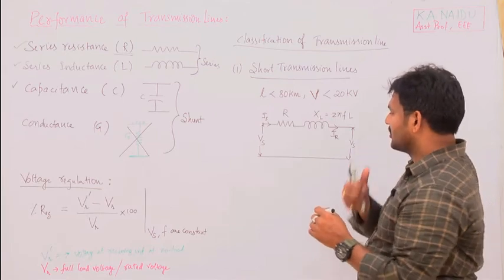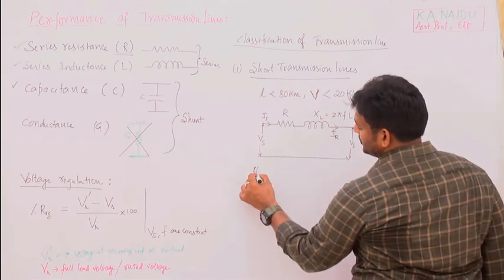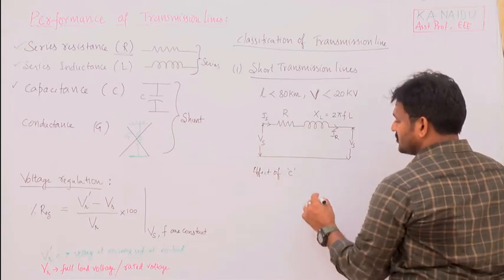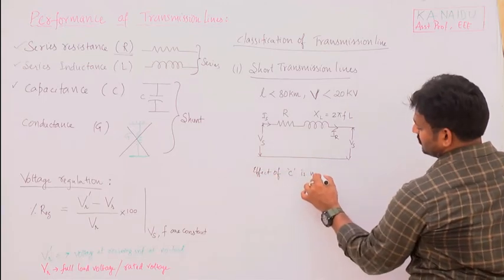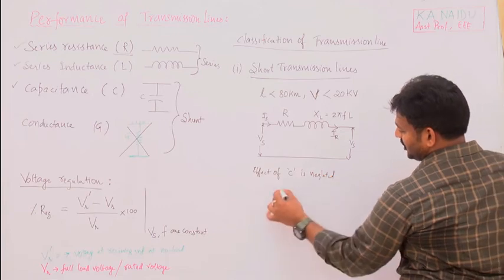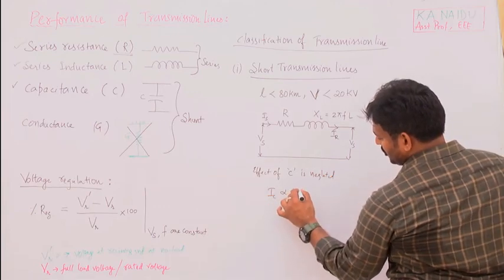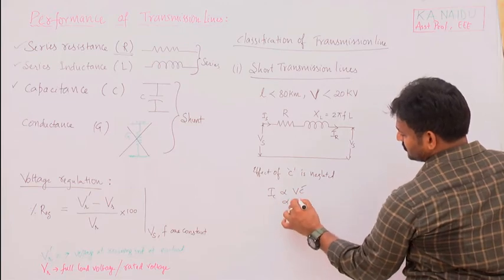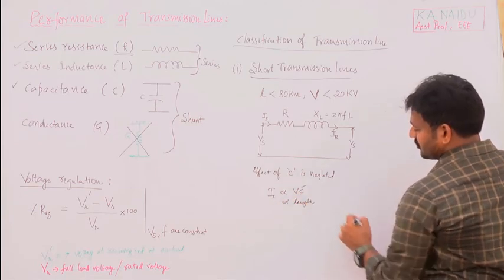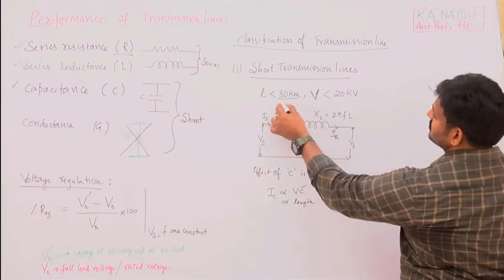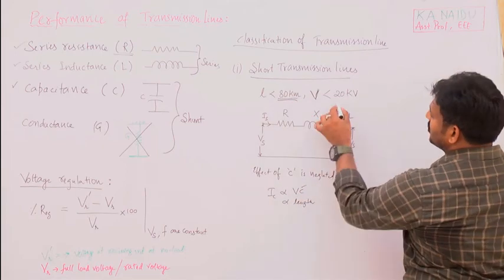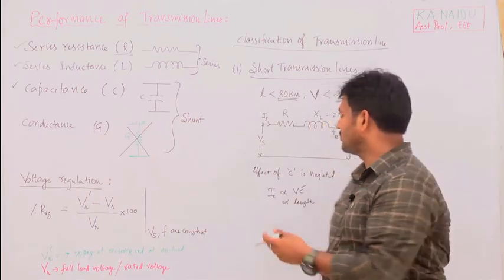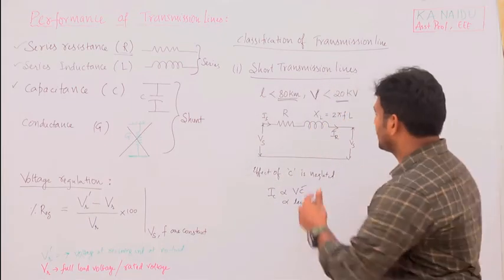Here you can see the effect of capacitance is neglected. Why? Because the charging current is proportional to voltage and capacitance, which is proportional to length. So here the length is small and the voltage is also small, so the charging current is negligible. The effect of the shunt capacitance can be neglected.